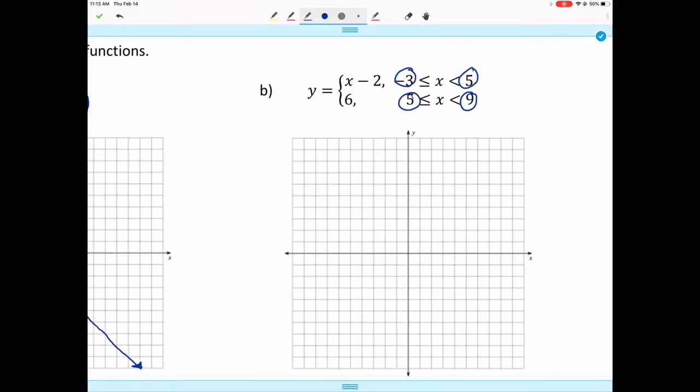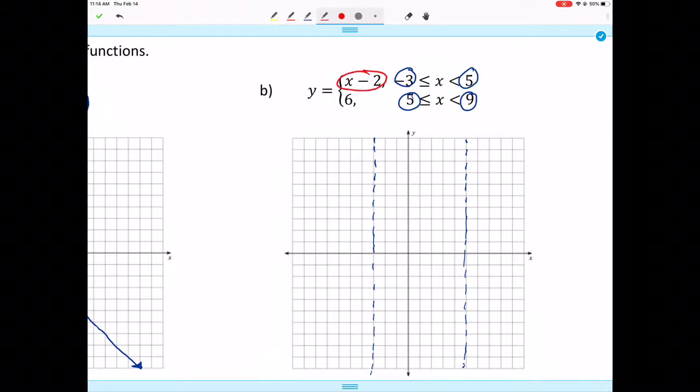We can say a vertical line where x equals -3 would be here, make a dotted line. And it goes all the way to +5, which is right here. So here we would want to only use this equation between the edges of those domains.